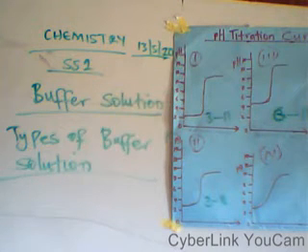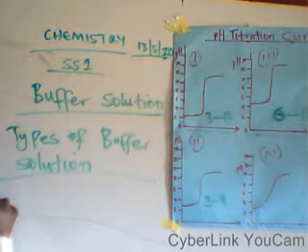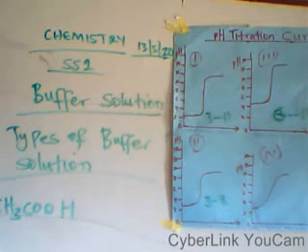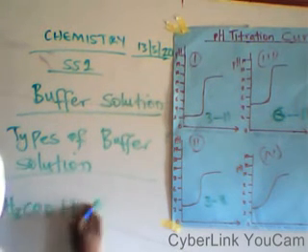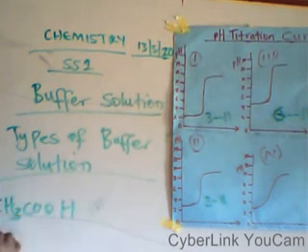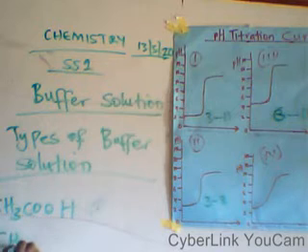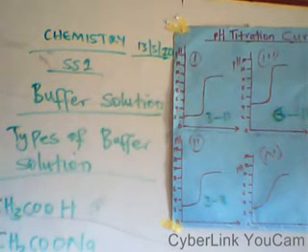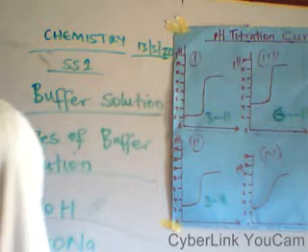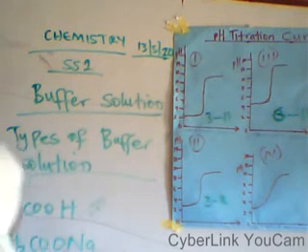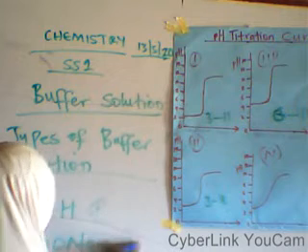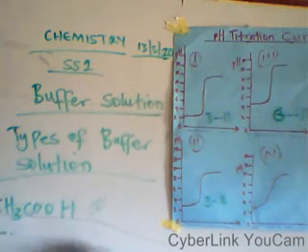Let's take an example of an acid buffer that contains ethanoic acid, which is a weak acid, and potassium ethanoate, which is a salt.